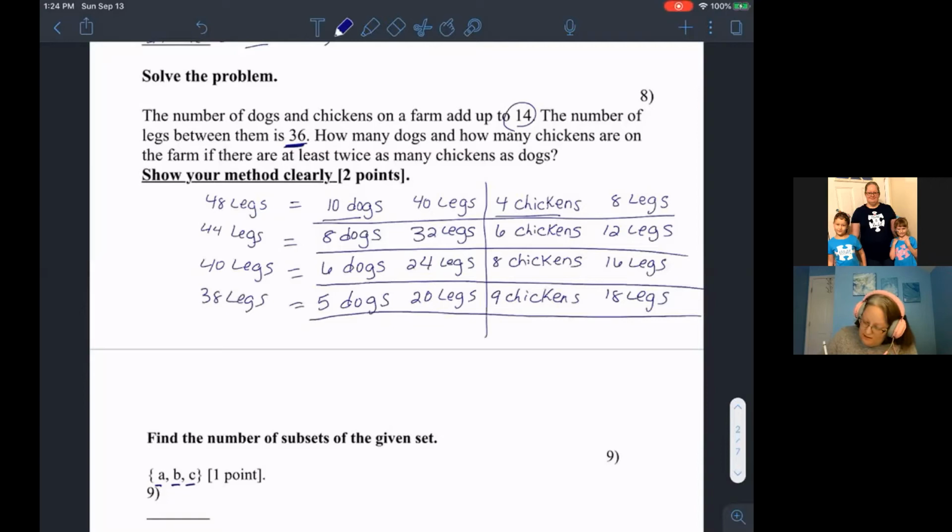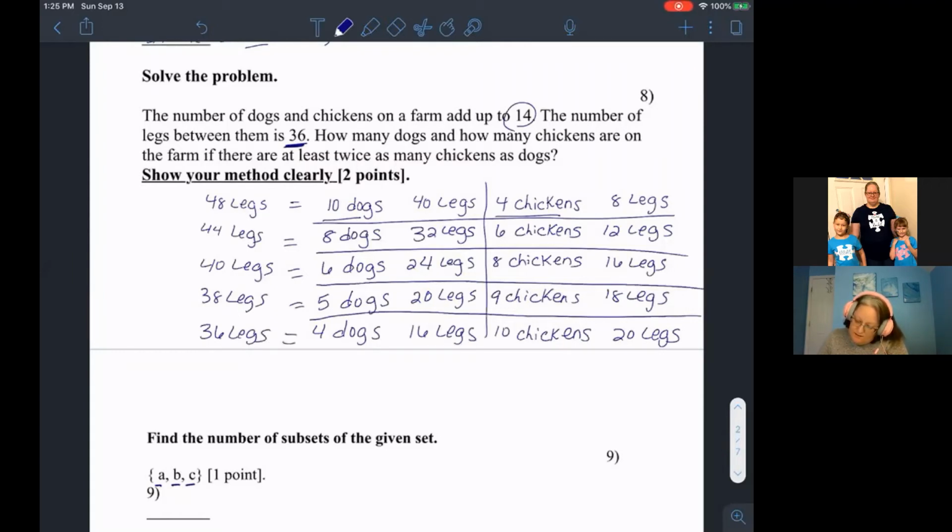And then I was like, okay, let's try 4 dogs. 4 times 4 would be 16 legs. And that would give me 10 chickens, because 10 and 4 is the 14. So 10 chickens gives me 20 legs. So 20 plus 16 gives me the 36 legs that we're looking at for the answer.